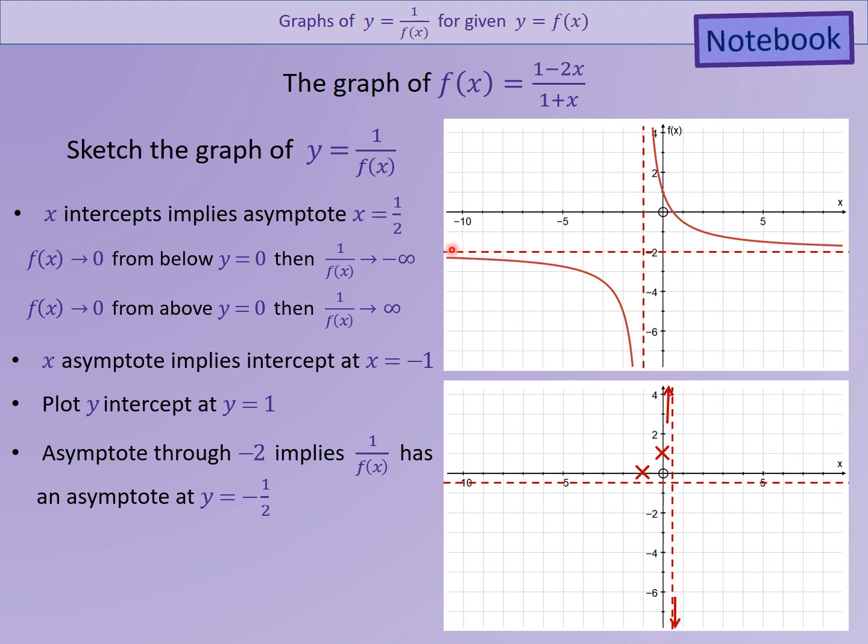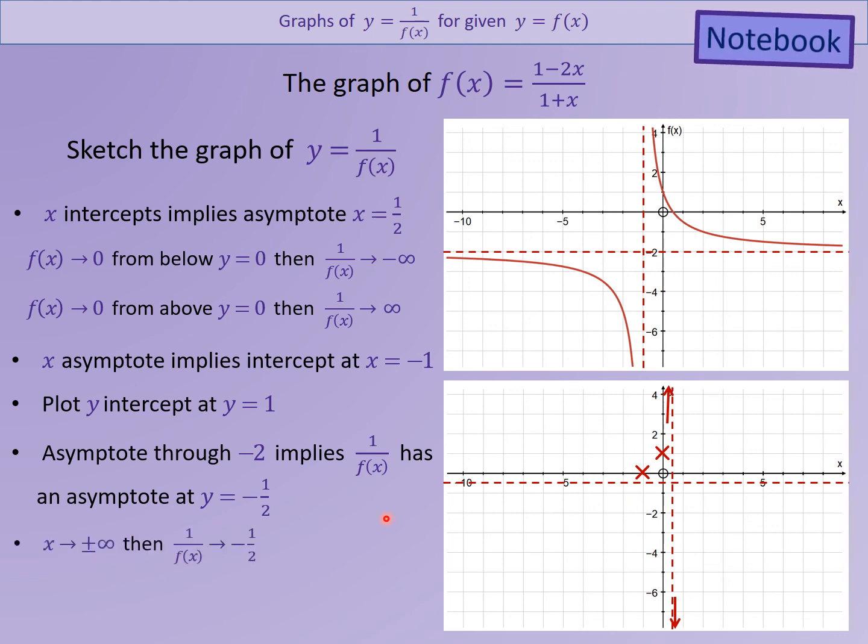So horizontal asymptotes follow exactly the same rules for any intercepts with the y-axis. So anything along the y-axis just does 1 over it. Okay, that's the same for stationary points, that's the same for intercepts, that's the same for horizontal asymptotes. Anything to do with the y, because that's the f of x, becomes 1 over f of x. Anything to do with the x's, that does do some changing about.